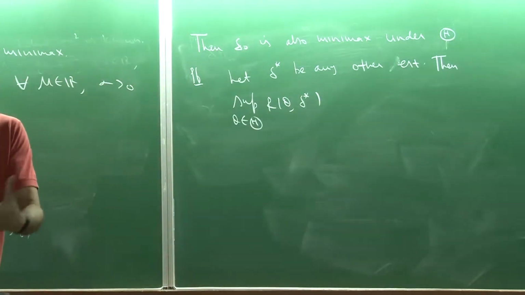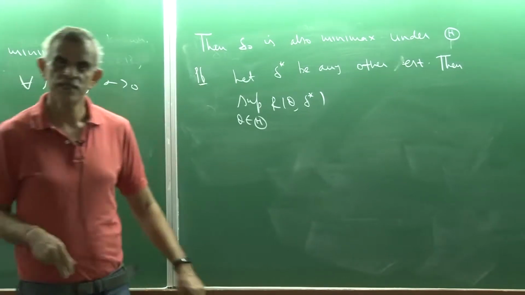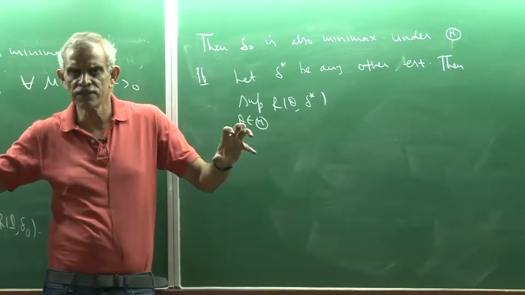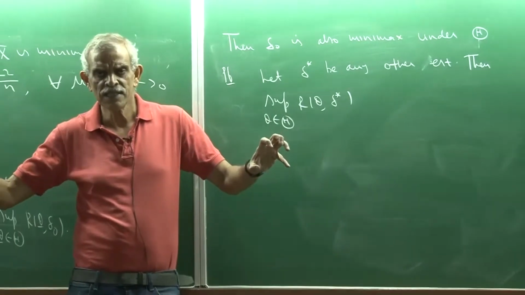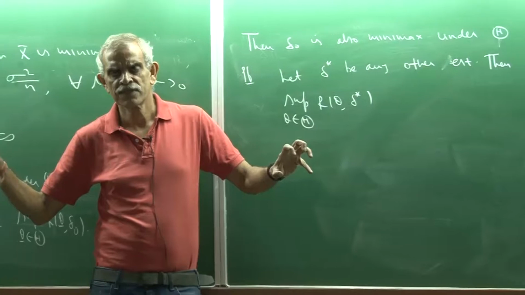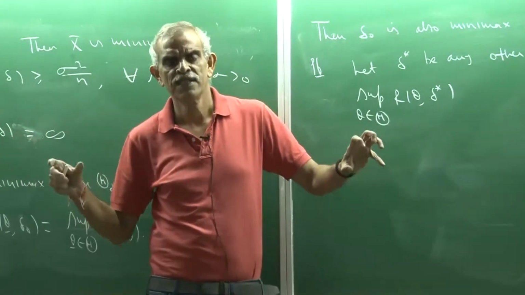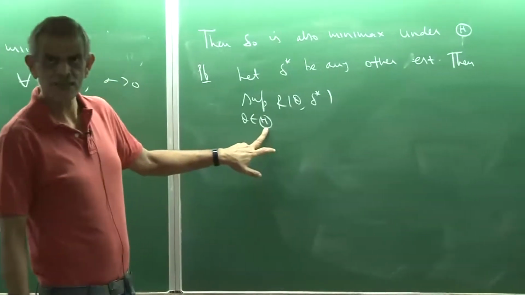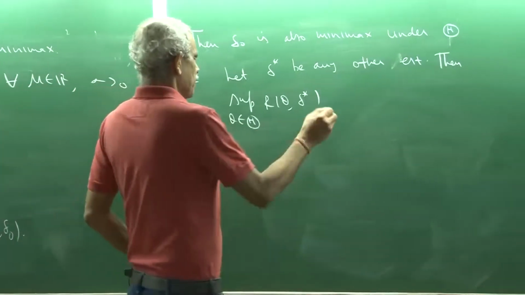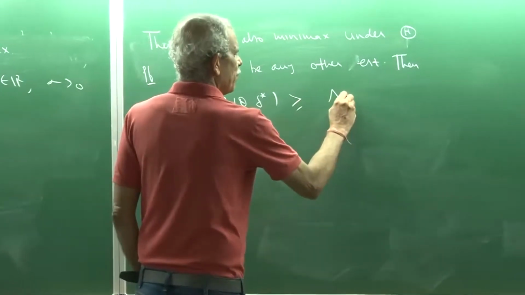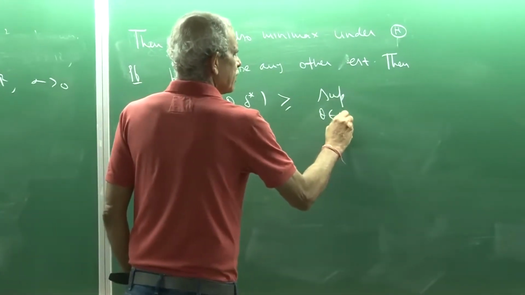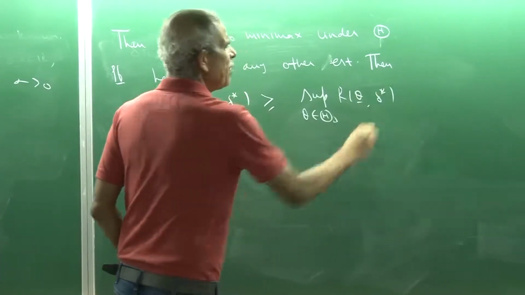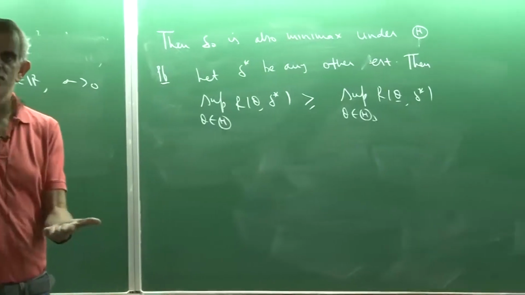Now you know that a supremum over a bigger set is bigger. So if I have two sets, theta naught and theta, where theta is bigger, then the supremum over capital theta will be greater than or equal to the supremum over the smaller set, capital theta naught. For infimum, it is the other way. Infimum over a bigger set is smaller, right?